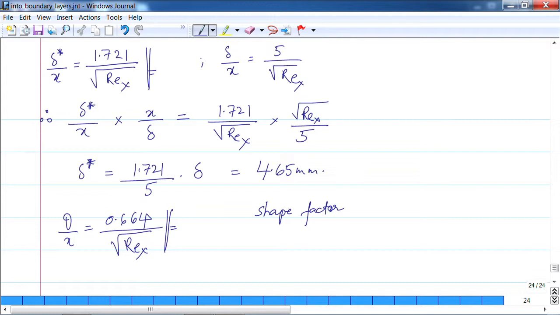Shape factor H is nothing but the displacement thickness by the momentum thickness, and for a flat plate this value is known, around 2.6. Now you know delta star and theta, so you can find that out.